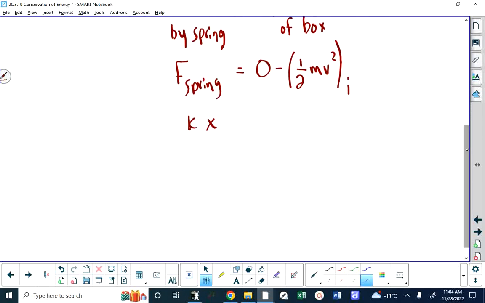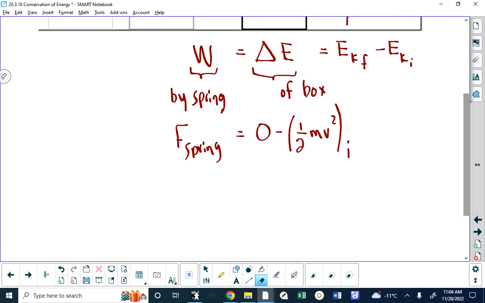This is a case where that's not helpful, because we want to know the force, right? And by the way, I've written something incorrect here. I didn't complete my thought. What else do I need to add? The displacement.